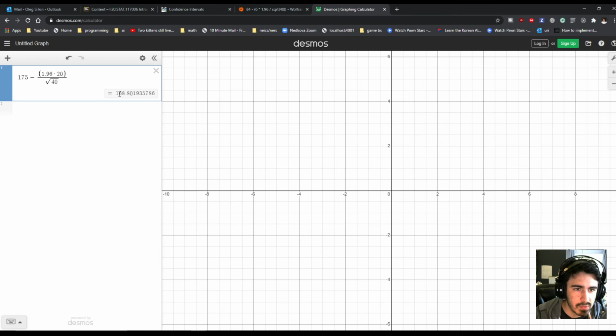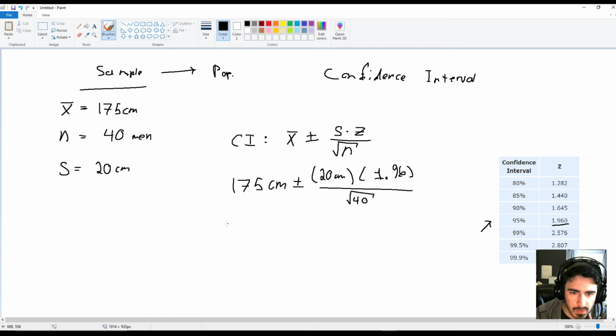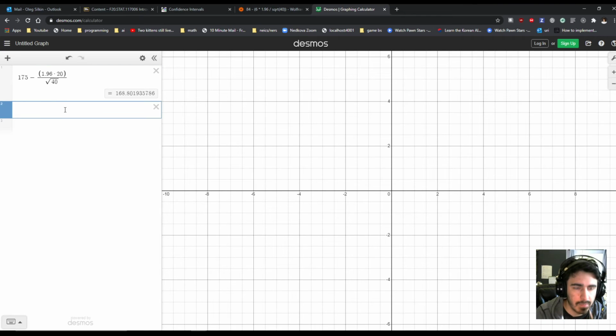Well, this is actually 168.8. So we'll say that this is going to be 168.8. And then the upper end of this will be 175 plus 1.96 times 20 divided by the square root of 40.